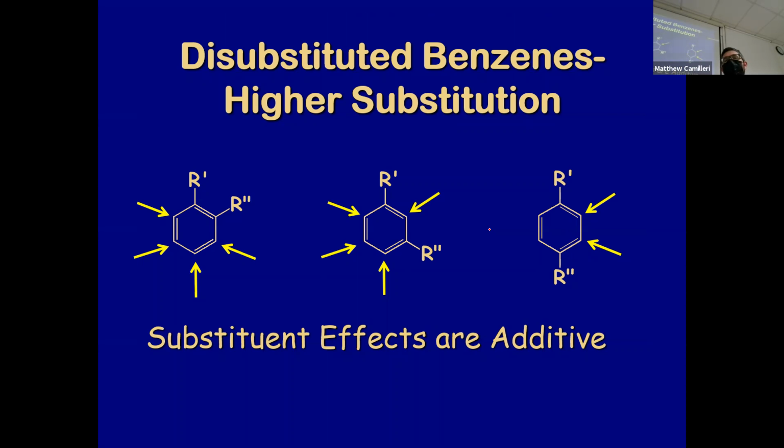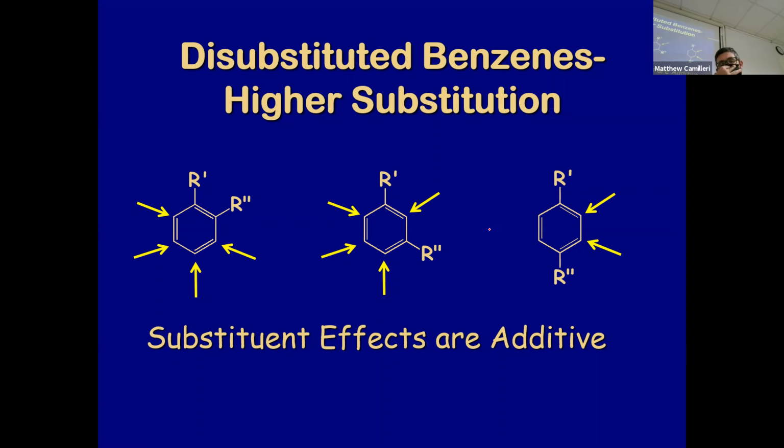Now, what happens if you have two substituents? Who would win? And this is a fight where one of them has to win. Now, in some cases, you might be lucky that they will be pointing to the same position. In others, they might not.